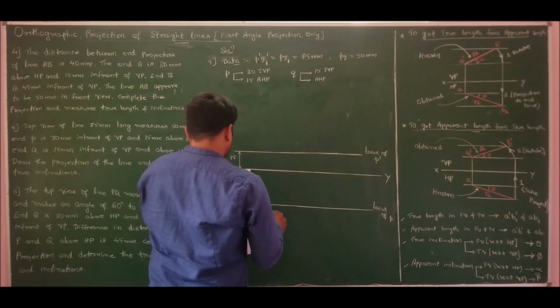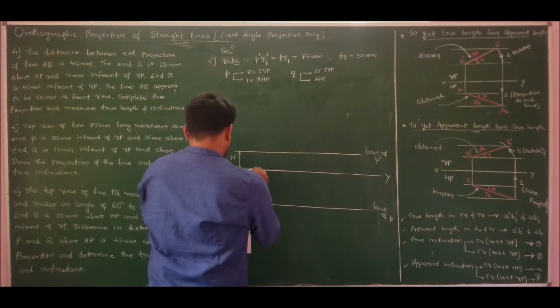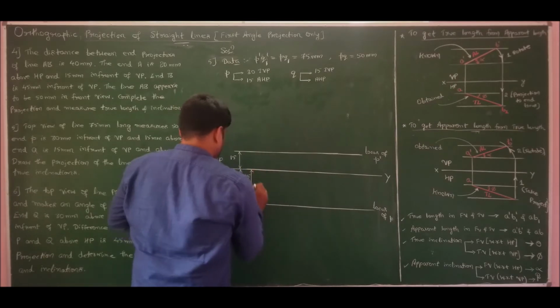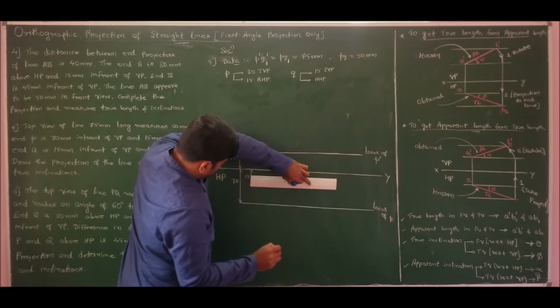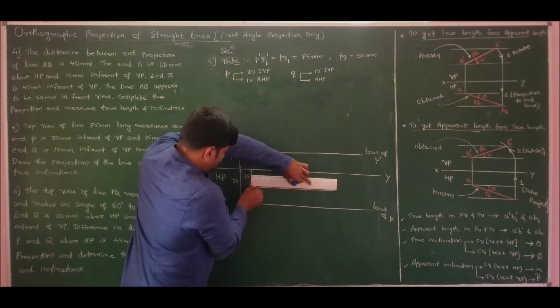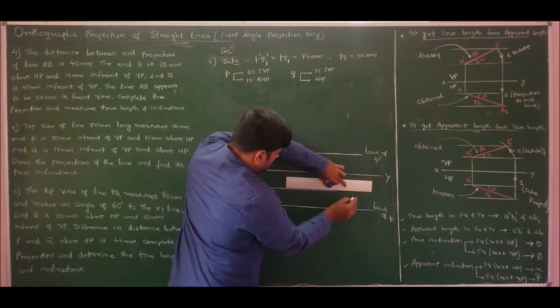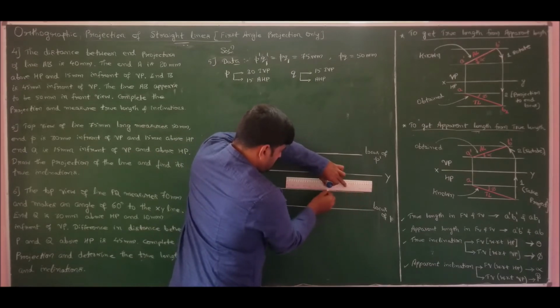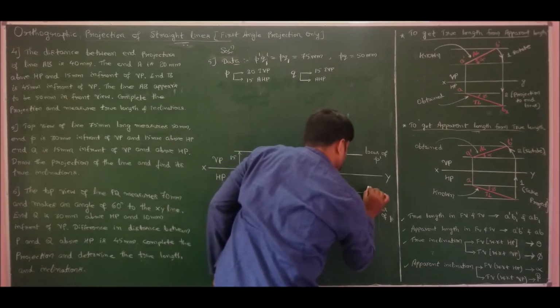So draw 15 mm in front of VP. I should show it on HP, 15 millimeters, where we have locus of Q.